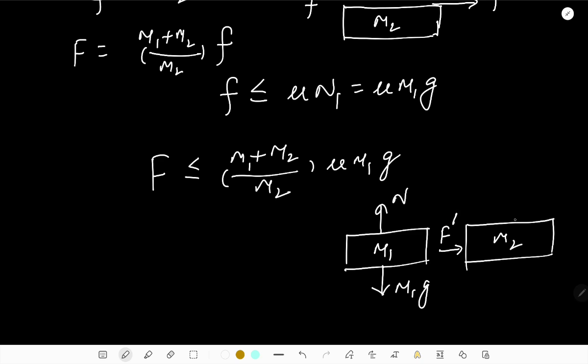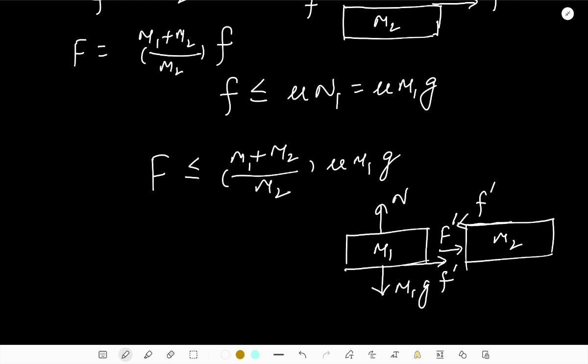This will bring friction on m1 in this direction, and that is the friction force acting on m2 in this direction, which means the friction force also acts on m1 in this direction. May I term both friction forces as f dash, because this is the new problem.